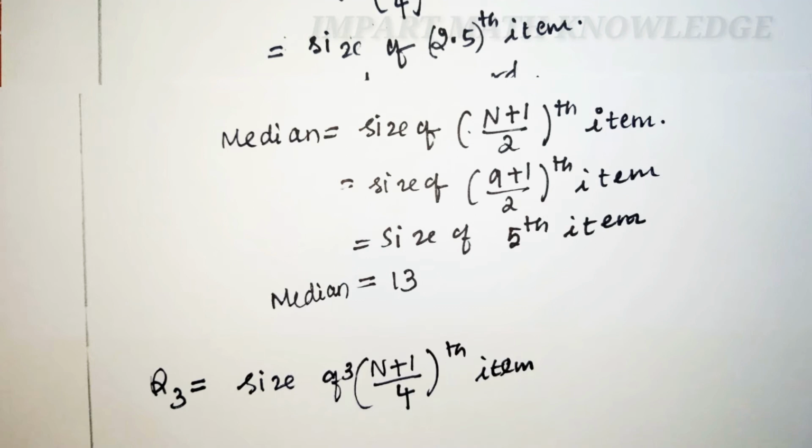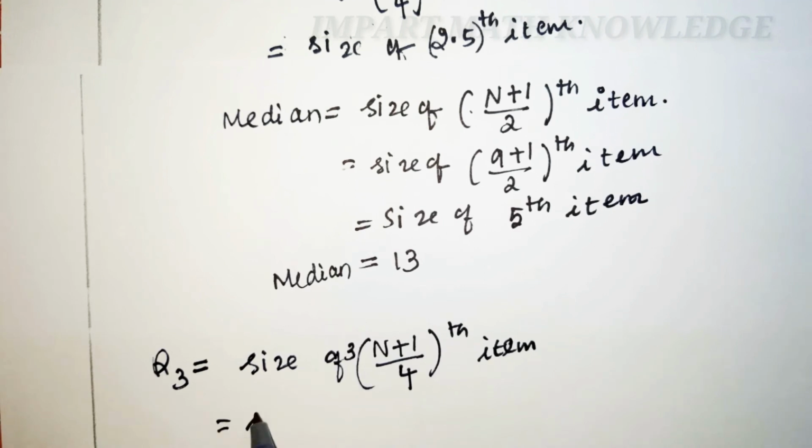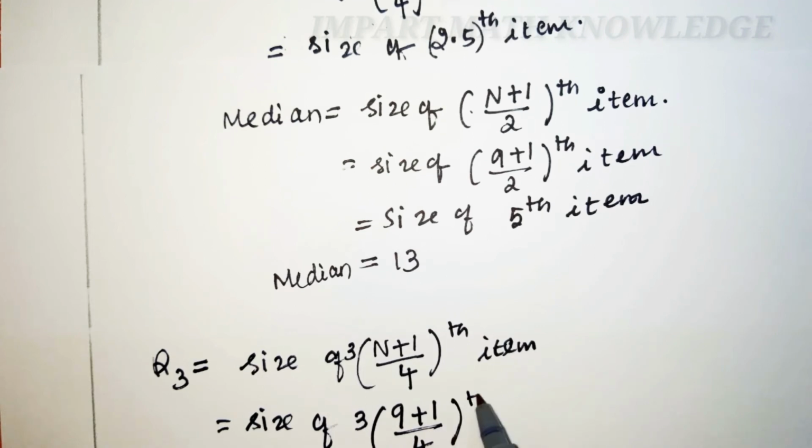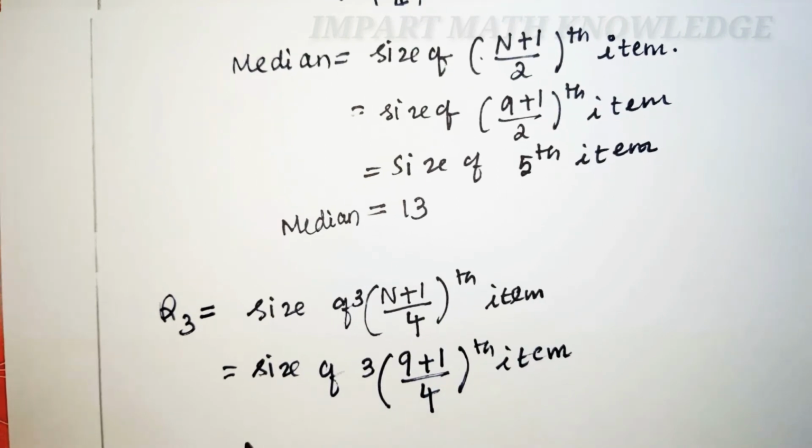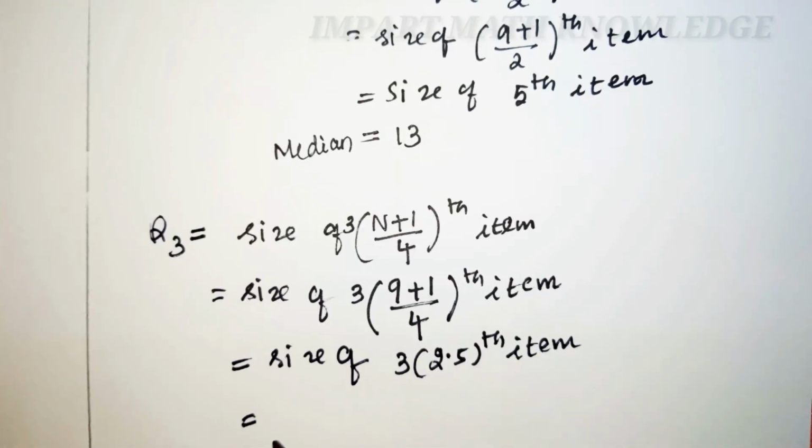Upper quartile Q3 is equal to size of 3 into n plus 1 by 4th item. This is equal to size of 3 into 9 plus 1 by 4th item, which is size of 3 into 2.5th item, that is 7.5th item.